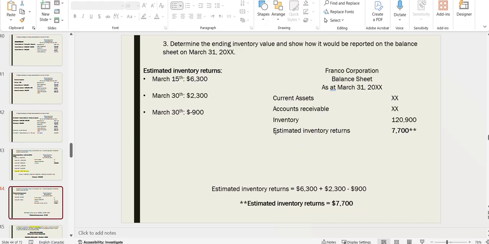So we had estimated inventory returns of $6,300 plus $2,300 when we made sales to our customers and one return happened. So it is not an estimation anymore. So we need to deduct it from our estimated inventory returns. Estimated inventory returns is another part of our assets. So we report it in our balance sheet.